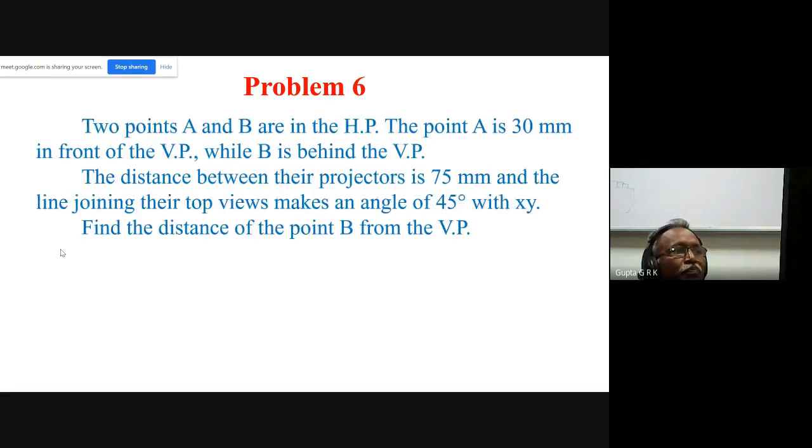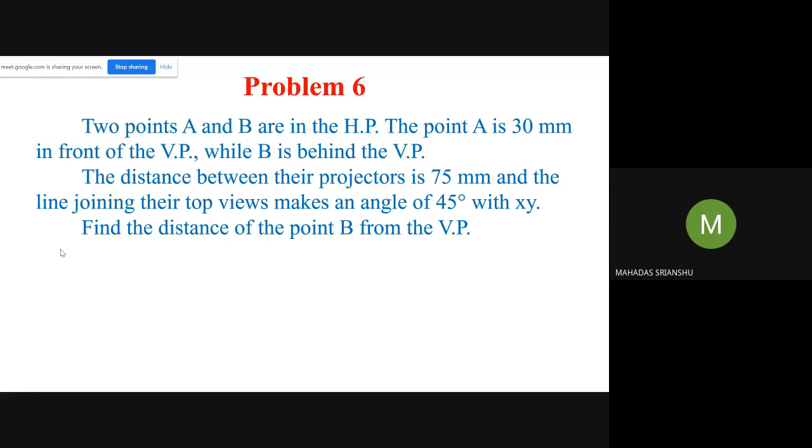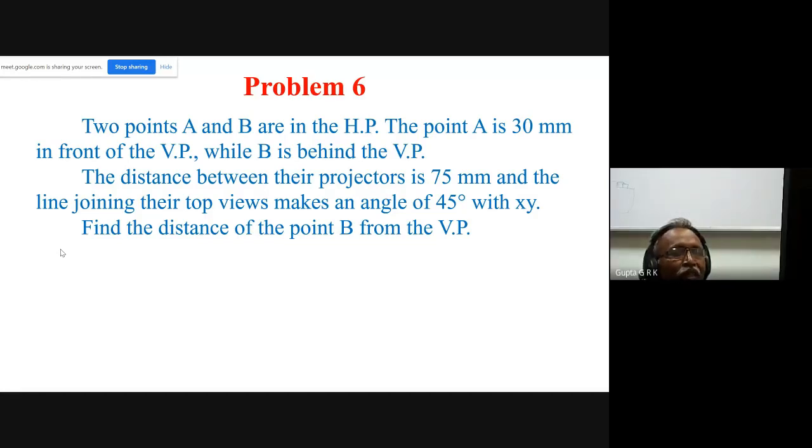Problem 6. Two points A and B are in the HP. Okay, means A dash and B dash are on XY. The point A is 30 mm in front of VP.